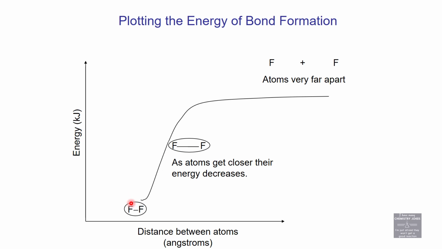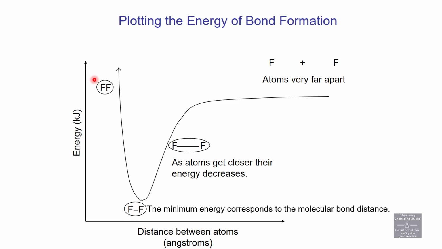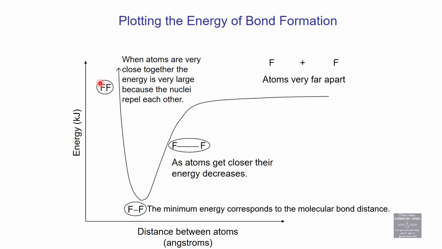Eventually, they do get to an ideal distance where the F atoms are just close enough to share so that each of them experiences a full second shell, feeling in a noble gas-like state.